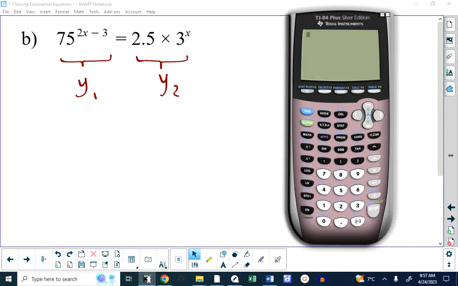You can't look at that and just freeze and go, oh, look at 75 for a base. Wonder what that's going to look like. Don't worry about it. Put it in. So I have 75 raised to, in brackets, 2x minus 3. Let's clear all this other clutter. And I have 2.5 times 3 raised to the x.